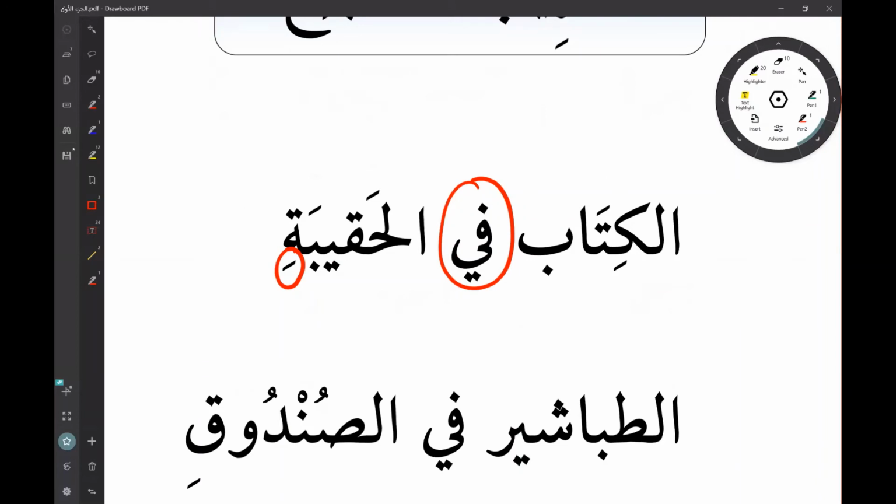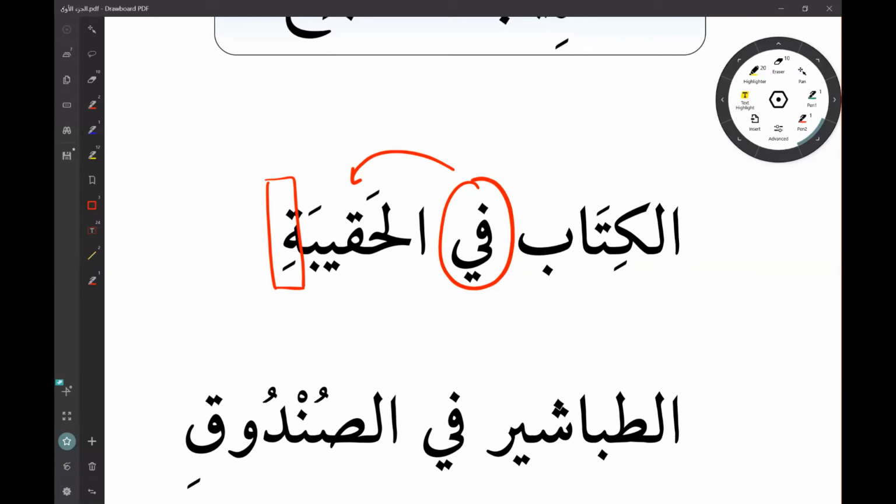Al-Kitab fil haqibati. Here they're focusing on the grammar of the word that comes after the fi, which is a preposition meaning in, right? So what is Al-Kitab? Al-Kitab is the book. Now, is it going to be Al-Kitabun, Al-Kitaban, Al-Kitabin, or Al-Kitabu, Al-Kitaba, Al-Kitabi? What's going on?